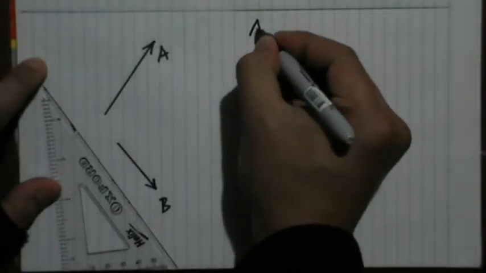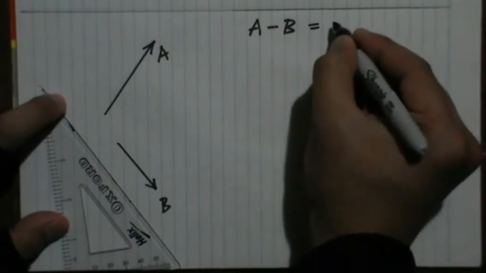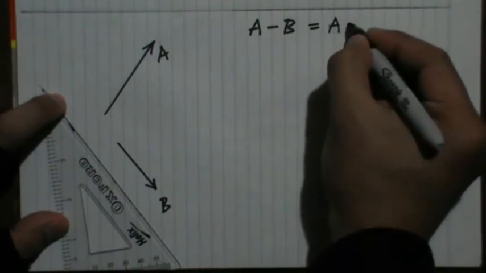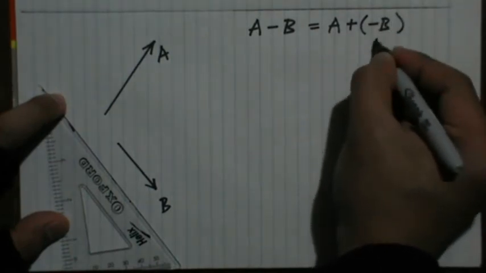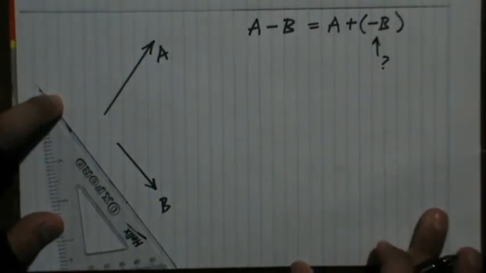Probably now you are asking me how we do the subtraction, let's say a minus b. Now we have vector a and vector b here. Well, let me show you that a minus b here is actually the same as a plus minus b. So let me show you minus b here.